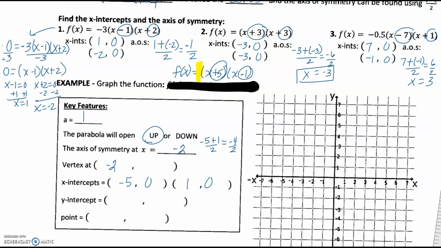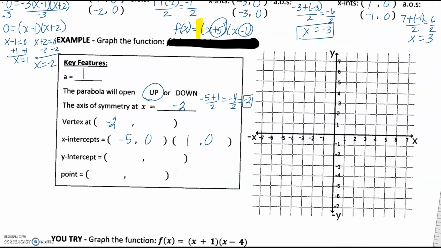I now take this negative 2, and to get the y coordinate, I'm going to need to plug it back into the function. So f of negative 2 equals negative 2 plus 5 times negative 2 minus 1.